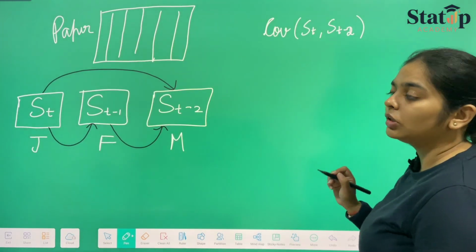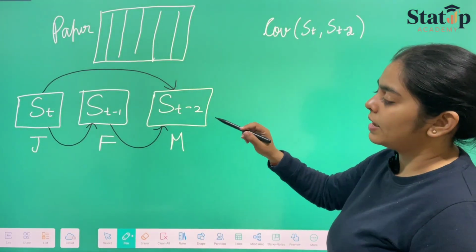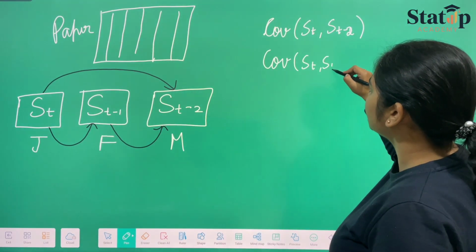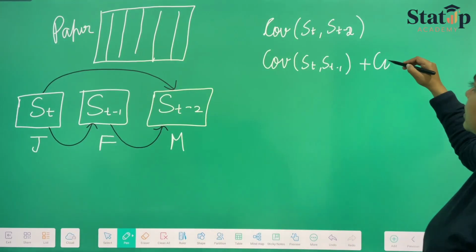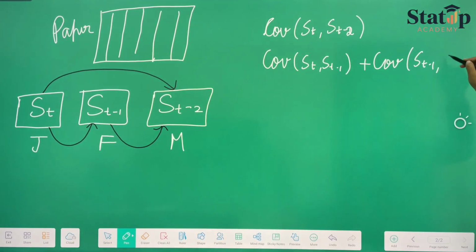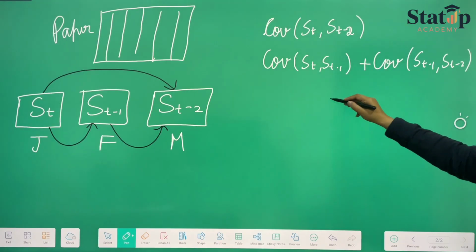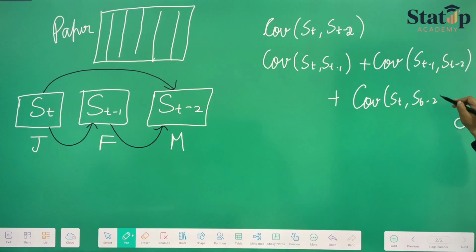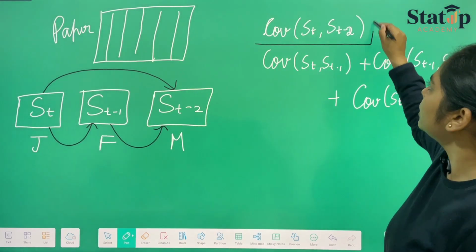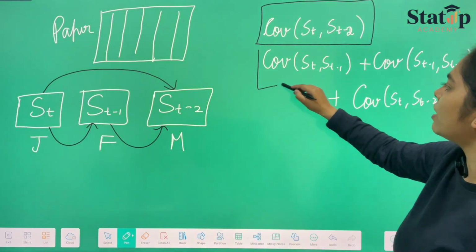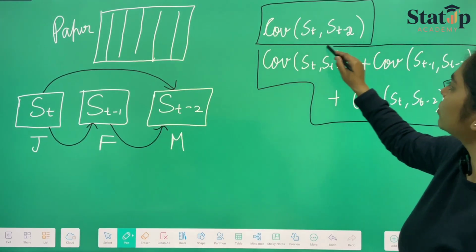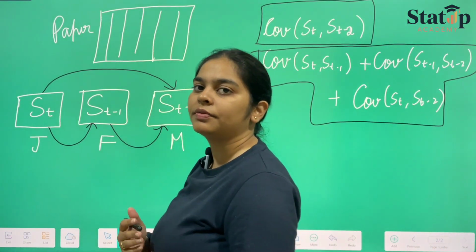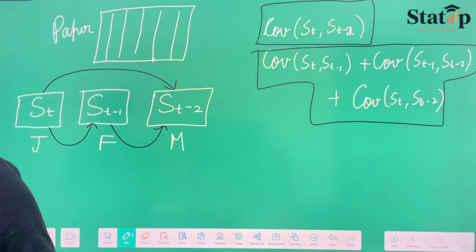And if we have to calculate the autocovariance between xt and xt minus 1, this would be covariance between st and st minus 1 plus covariance between st minus 1 and st minus 2 plus the direct one, covariance between st and st minus 2. So this gives us directly in one step, and in this we have to take intermediary steps to calculate our covariance. That is the main difference between partial autocovariance function and autocovariance function.